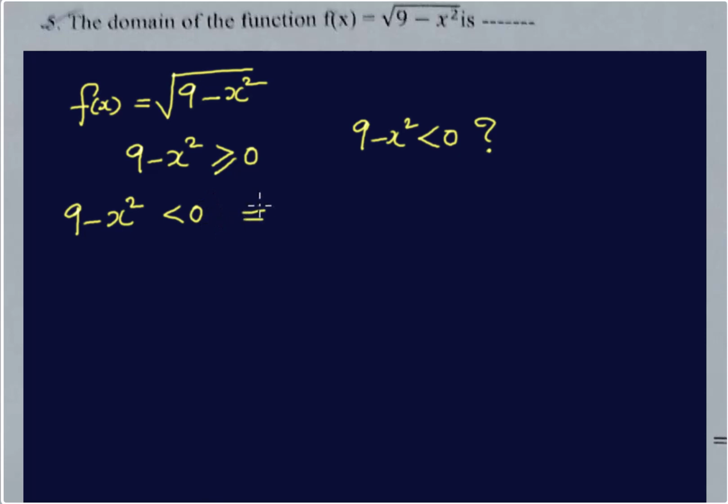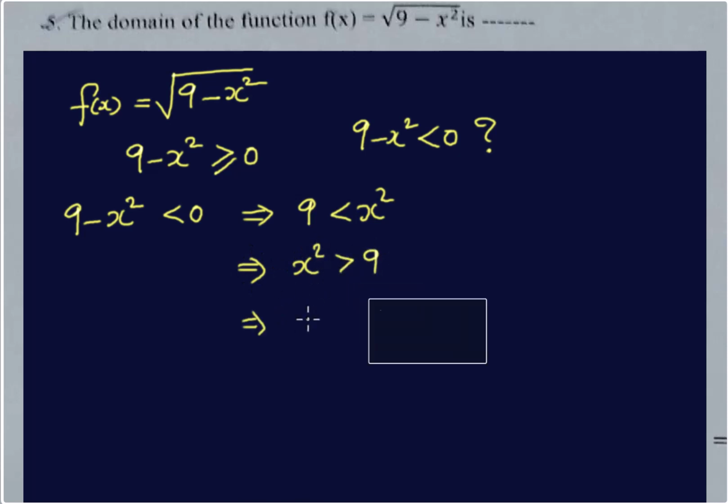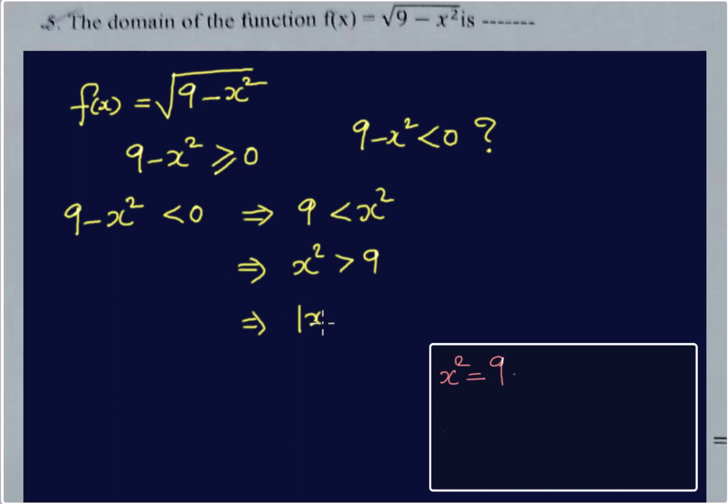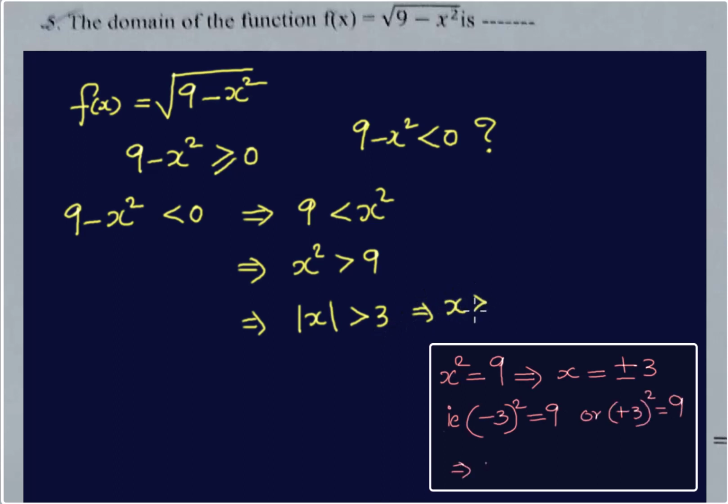So this means 9 is less than x square, or in other words, x square greater than 9 means mod of x is greater than 3. So this implies either x greater than 3 or x less than minus 3.